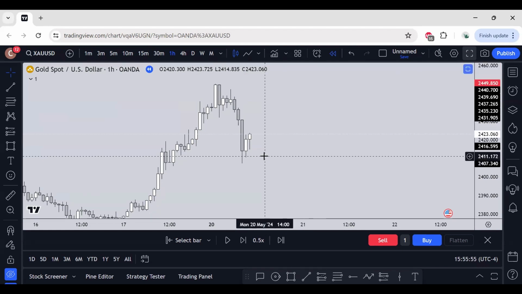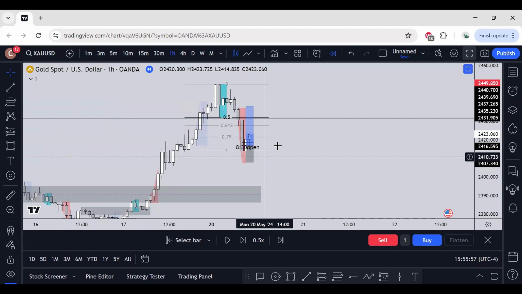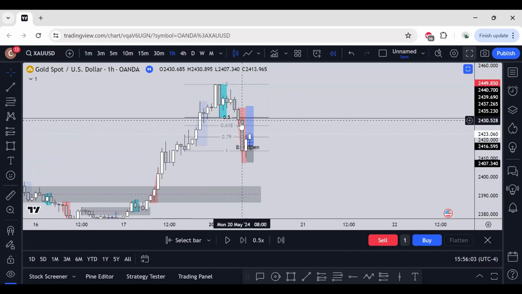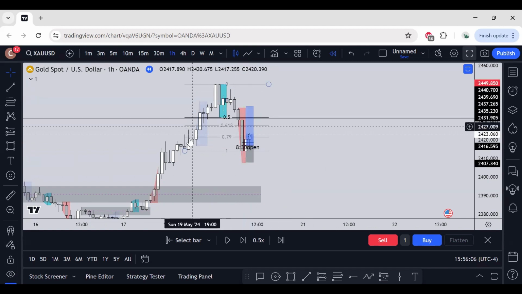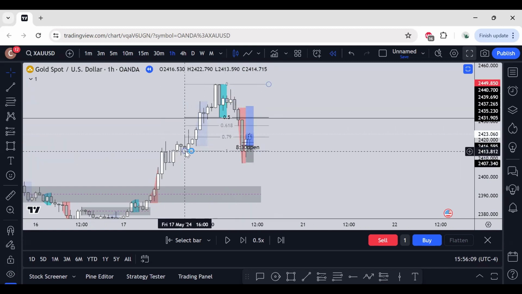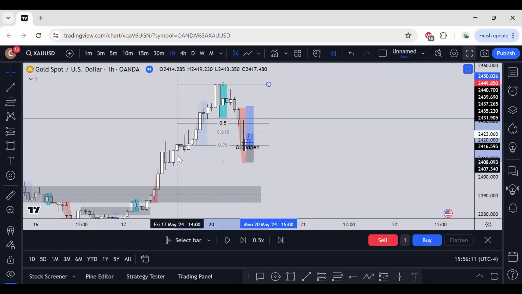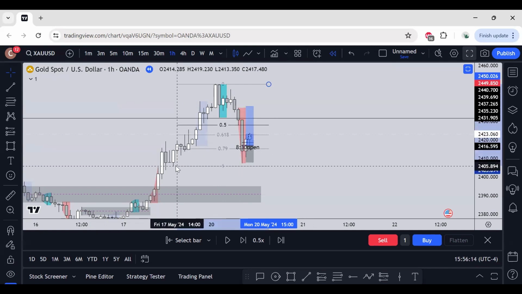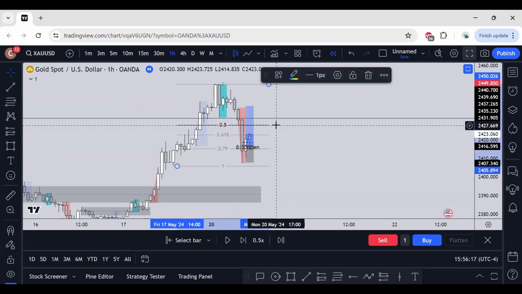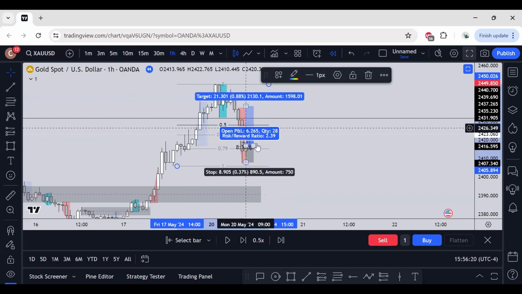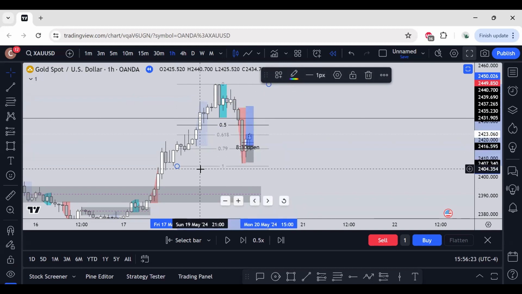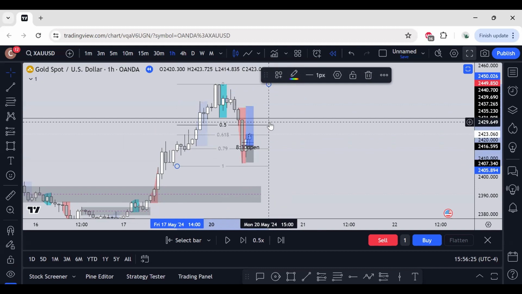Also, I'm not buying at a random place. I am buying below the 0.5 level that I have drawn. I think when I did it live, I might have had it here because it did not go below the one. Regardless, it is below the 0.5. This is where you look for buys. If we are bearish, you want to sell in premium. This is exactly what I did.